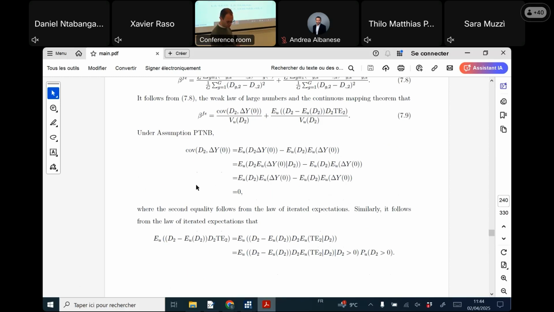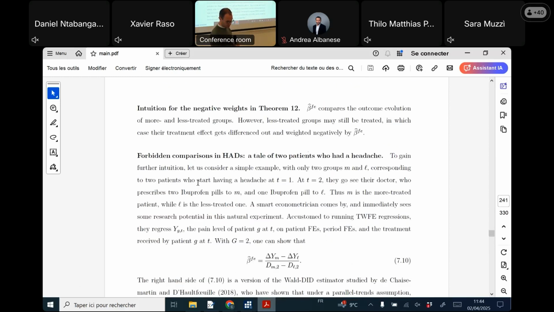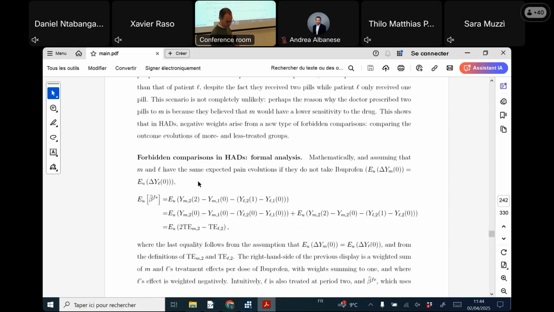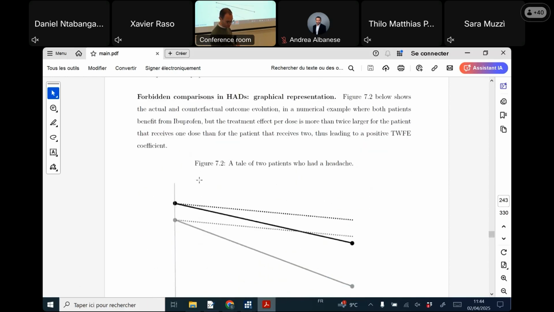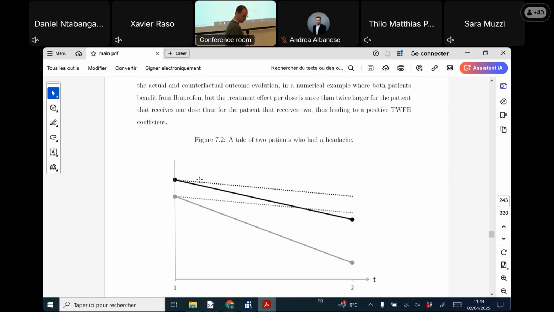Okay, and so we can illustrate that with a simple numerical example, again a silly medical example where we have 2 people that have a headache. They go see their doctor, and the doctor gives 1 ibuprofen pill to person 1 and 2 pills to person 2.